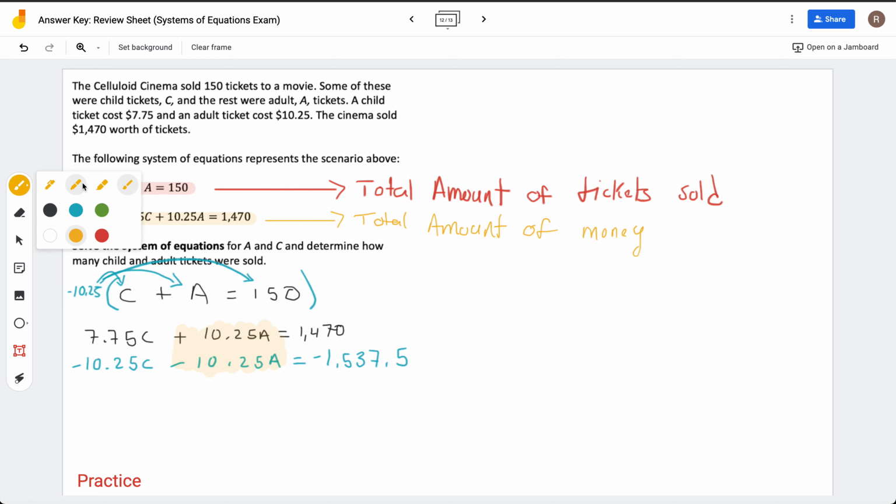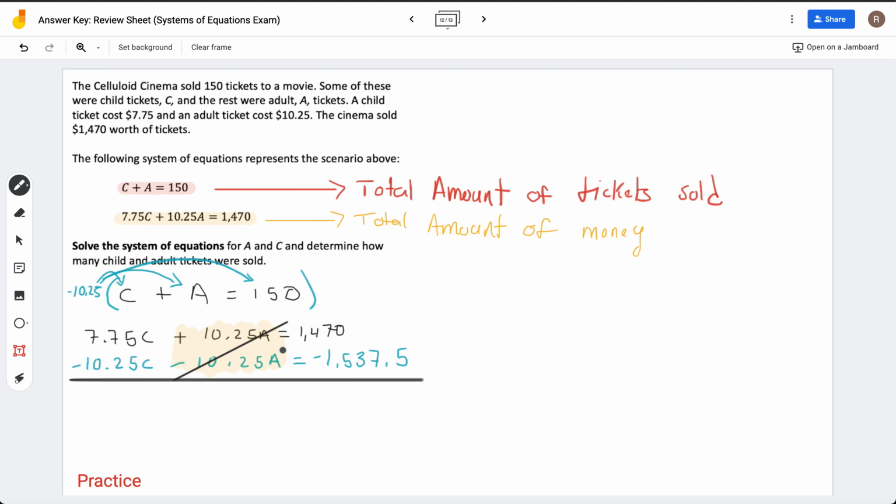So what I'm going to do now is combine all of these terms. This right here will cancel out: positive 10.25A minus 10.25A, they cancel out. So now we have 7.75, and we're going to subtract 10.25 from it.